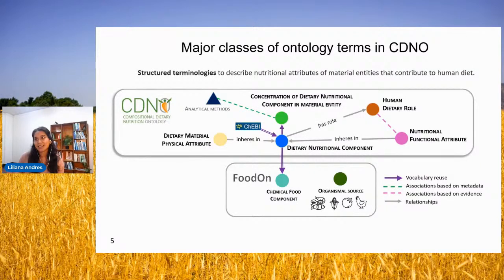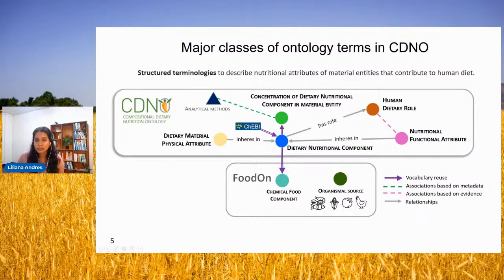So this is the overview of the CDNO. CDNO provides structured terminologies to describe nutritional attributes of material entities that contribute to human diet. The main class here is the dietary nutritional component in blue. As you can see, this specific class contains 498 components that we reuse from ChEBI and 64 terms that were only described in CDNO.